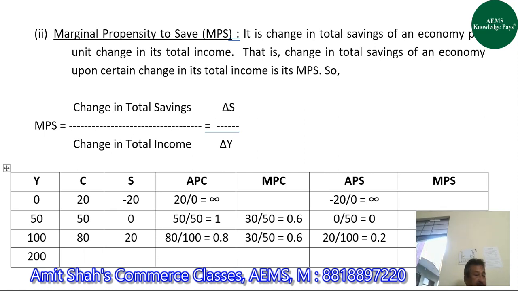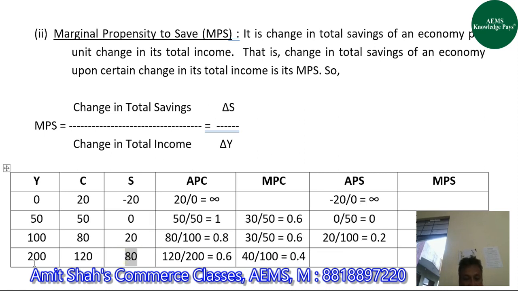Clear? If income becomes 200, let's say C is 120, it means here we have 80. So APC is 120 divided by 200, that is 0.6. MPC is change in consumption expenditure, that is 40 divided by change in income, 100. So 0.4.